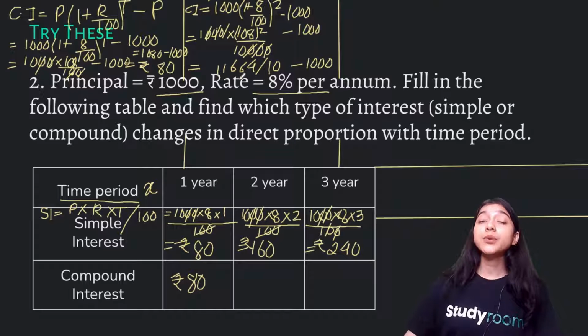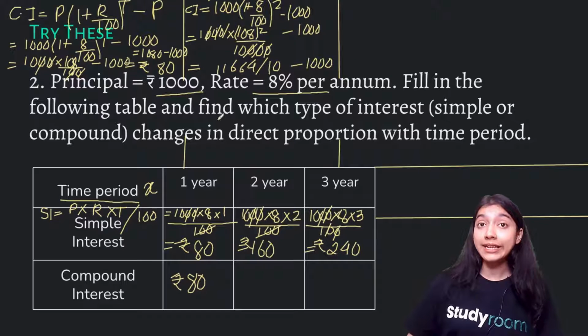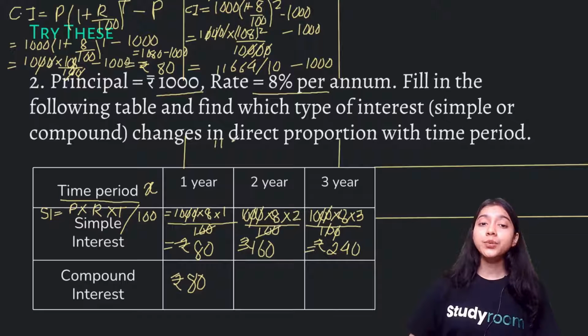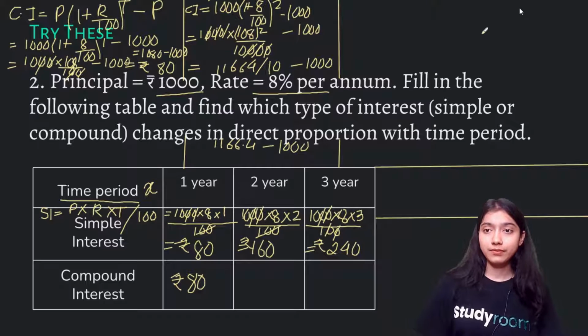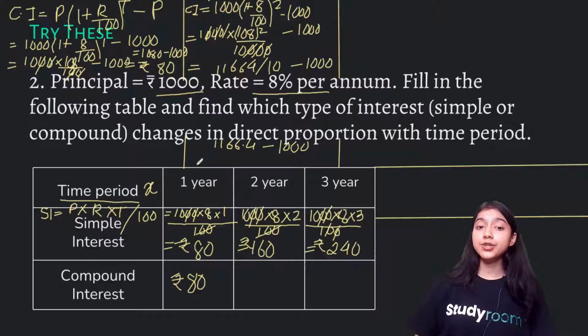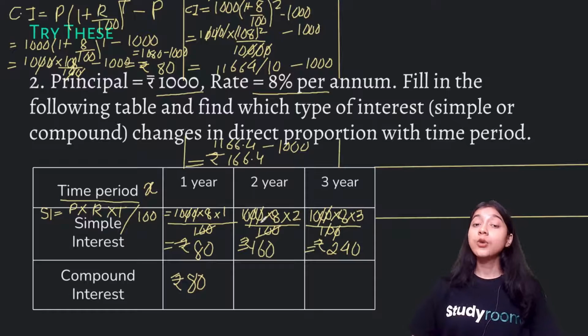Now when we divide 11664 by 10, we get 1166.4 minus 1000. Subtracting these two, we will be left with rupees 166.4. So this is the compound interest for the second year.